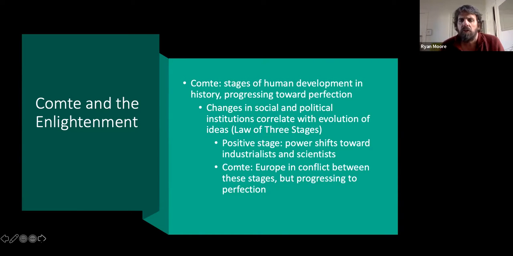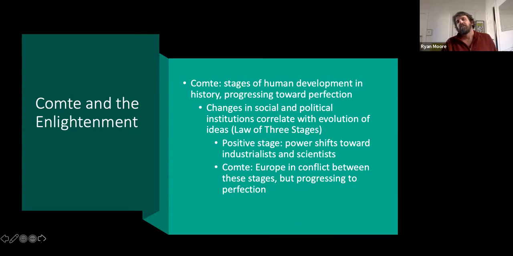And so Comte sees, there's this part of him that is very much a product of the Enlightenment, right? He sees that there might be problems and conflicts, and there are obviously a lot of problems and conflicts in his day and age, but that still society's overall moving in a progressive direction.